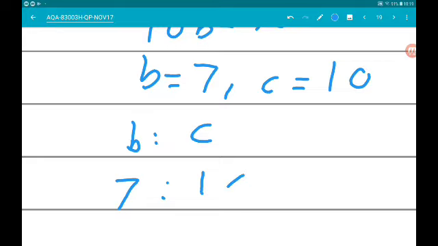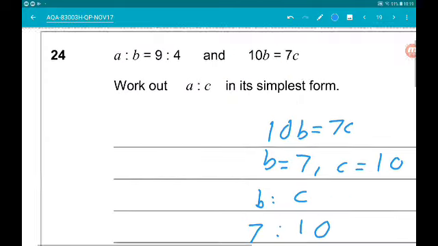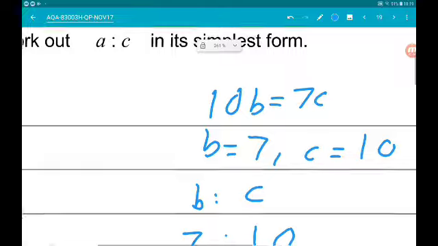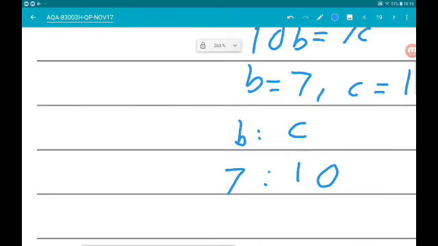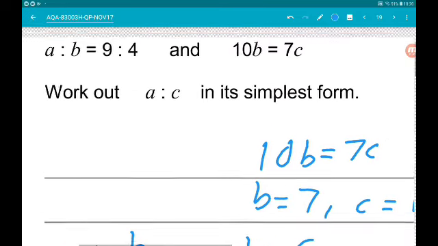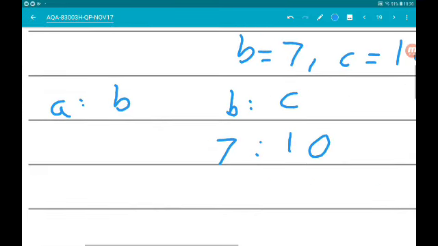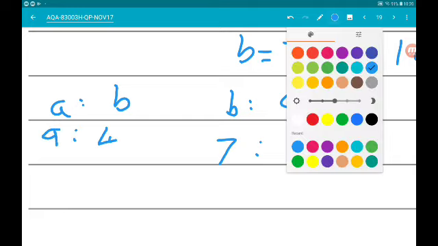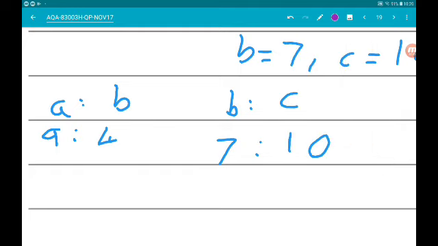Now we also know a to b is in the ratio 9 to 4. Now, to combine ratios, we need the letter that pops up in both ratios, or that part of each ratio, to be the same number.